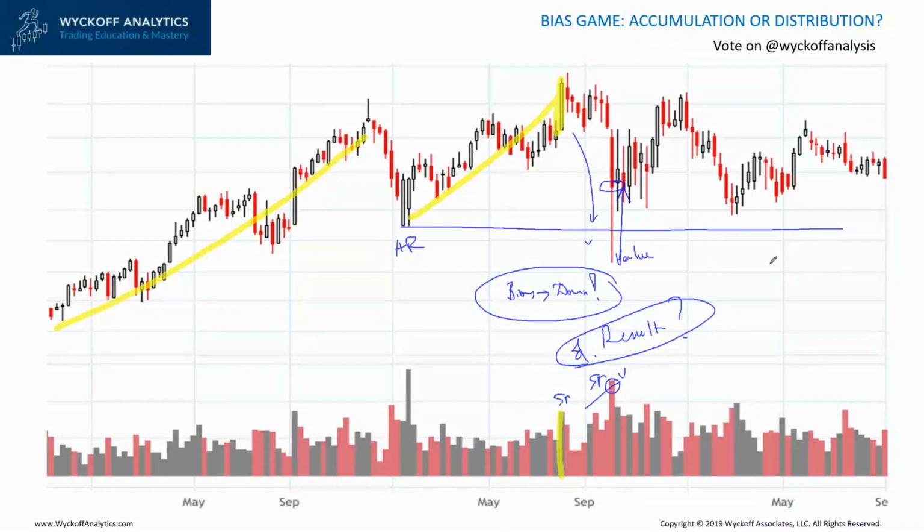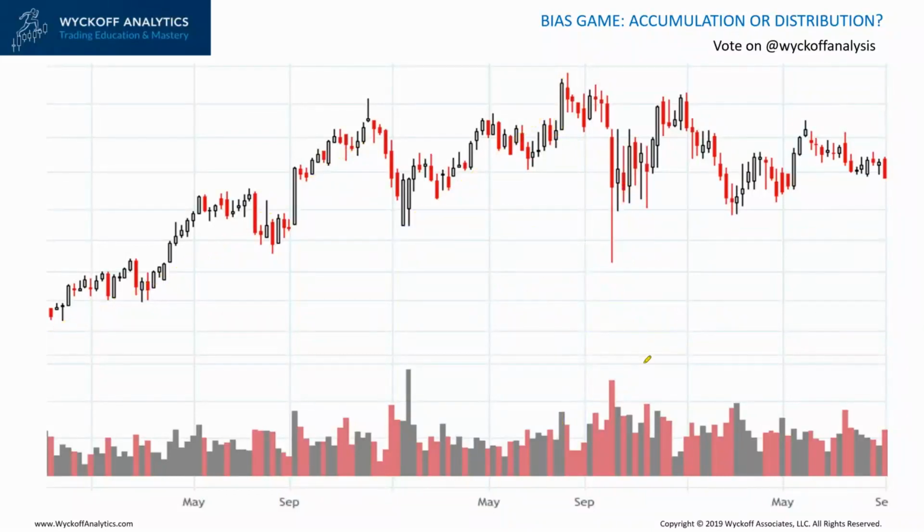So they saw this as value, and it seems that this is institutional buying, because of the volume signature, because of how high it is, somewhat reminiscent of what we had somewhere here, where we have a lot of buying even on the way down. So all of this is buying, buying, buying, buying, buying again.